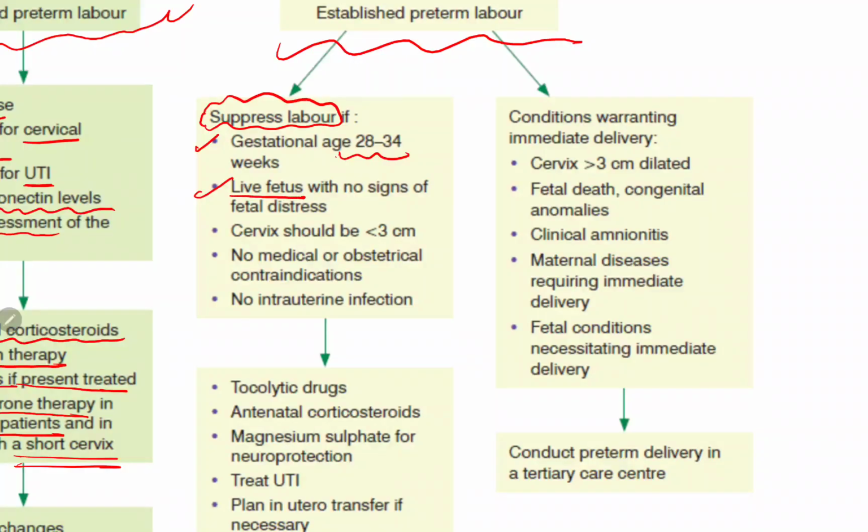And if there is a live fetus with no signs of fetal distress, and the cervix is less than 3 centimeter, no medical or obstetrical contraindications, and no intrauterine infection. This is when I will suppress the labor.